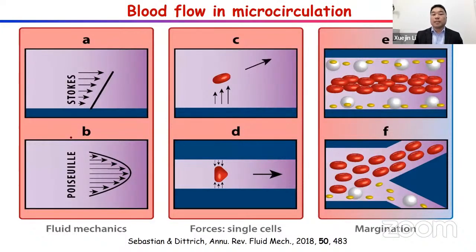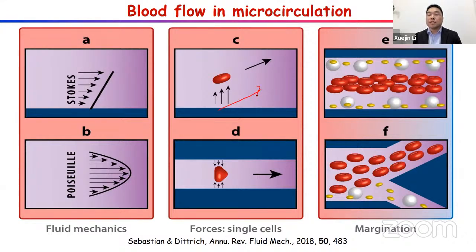As we know, the blood flow through blood vessel is of viscous nature. And this viscous nature results in Stokes flow near the wall and the plug flow away from the walls. And the inertial lifting force causes the red blood cell inside a larger blood vessel to deform and finally move towards the channel center, like this way.